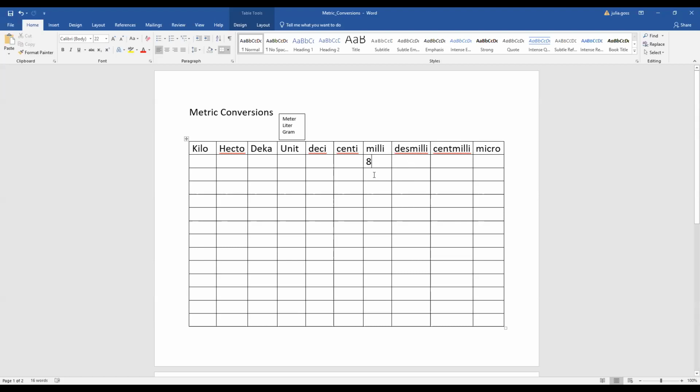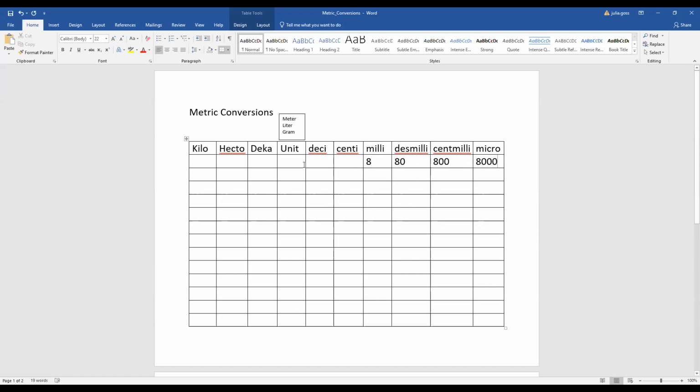I'll show you like this. So 8 milligrams would be 80 decimilligrams, which like I said, you don't really use, which would be 800 centimilligrams, but it would be 8,000 micrograms.